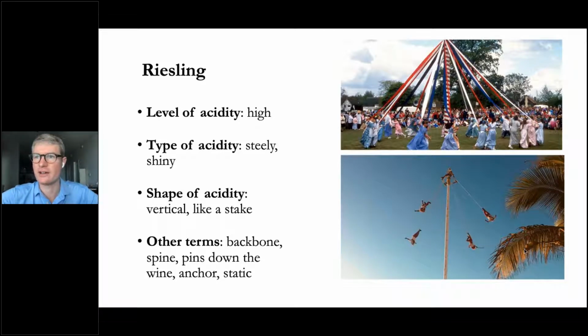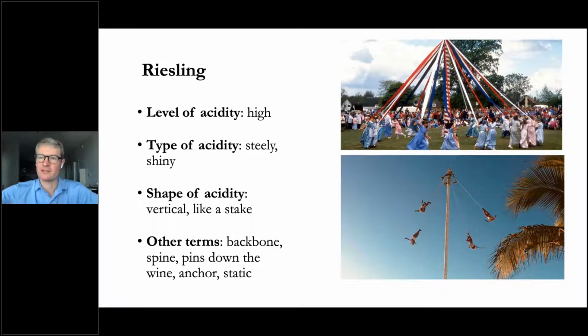Whereas Riesling, you can just hold the wine in your palate for as long as you want, albeit the acidity is going to make your mouth water a lot because it's so high. So I think it's a bit of a horizontal versus vertical sensation between Chenin Blanc and Riesling, for sure. But I think more to the point, the level of acidity is much more consistent in Riesling.